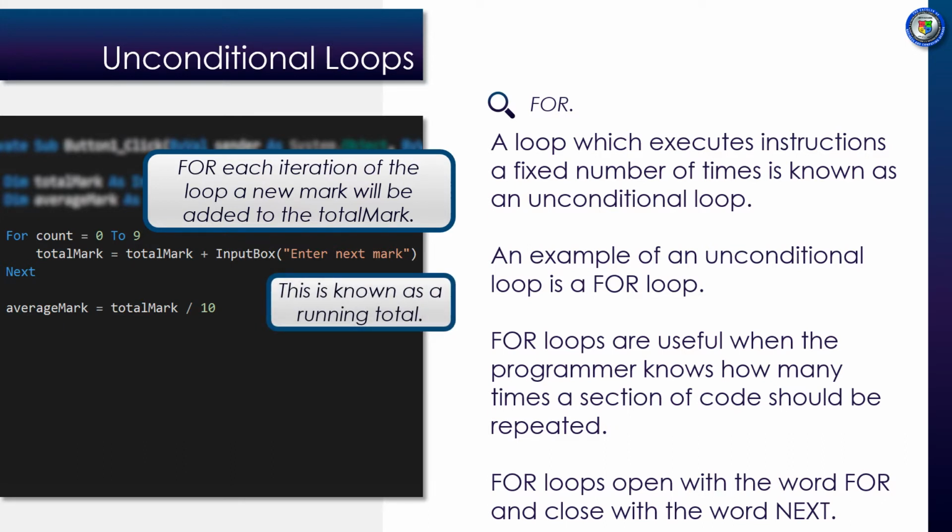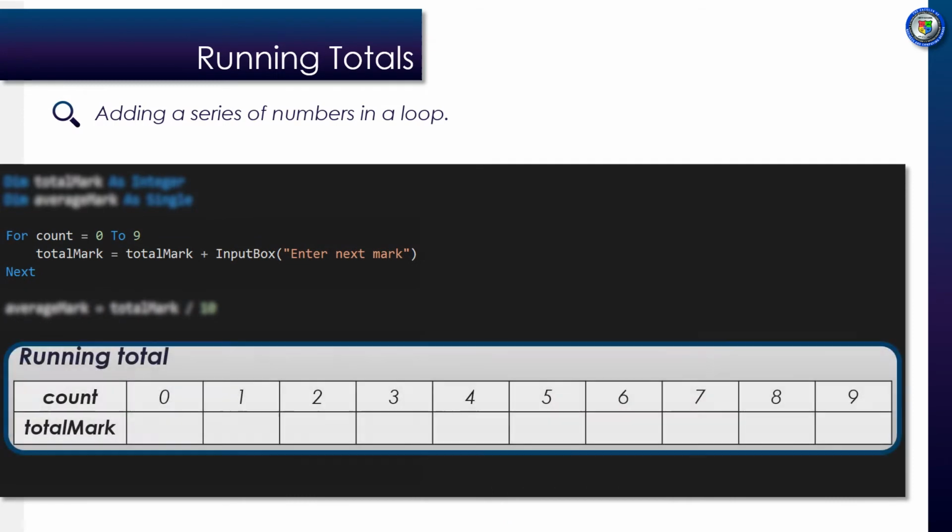In this example, each iteration of the loop a new mark will be added to the variable total mark. This is known as a running total. We will now show an example of what we mean by this.